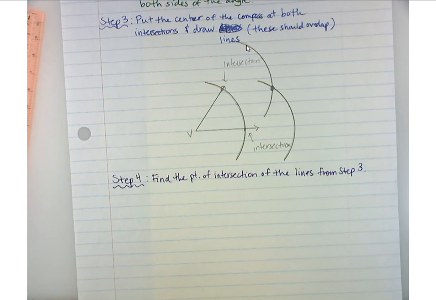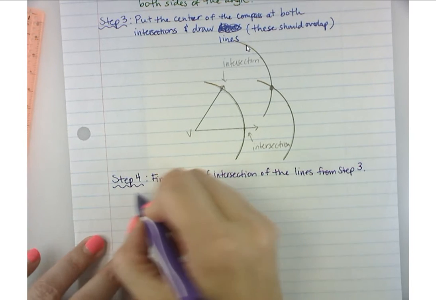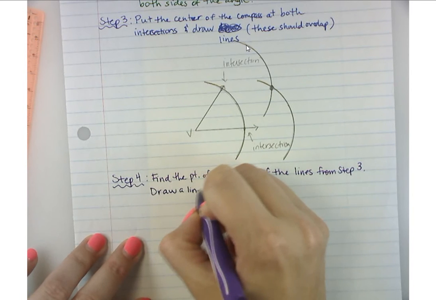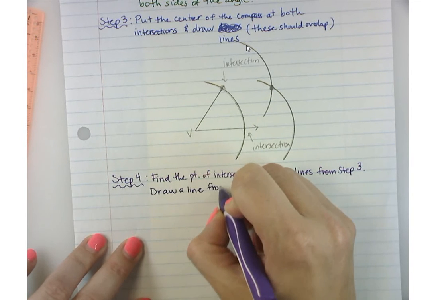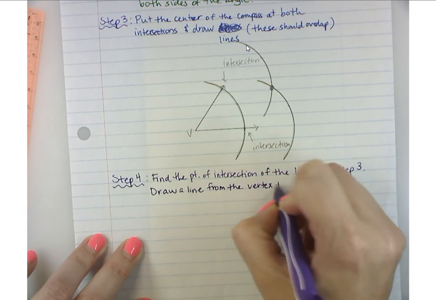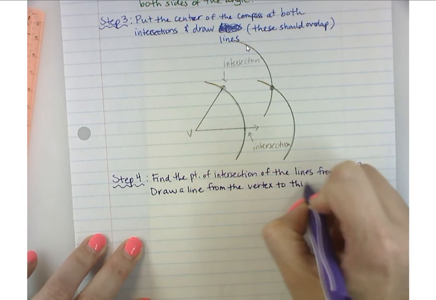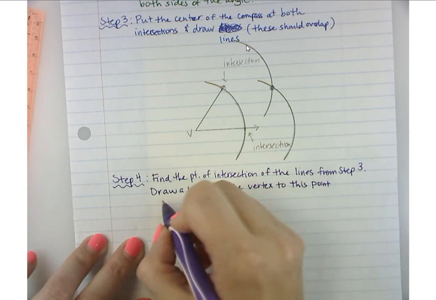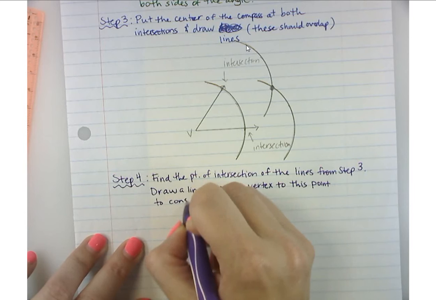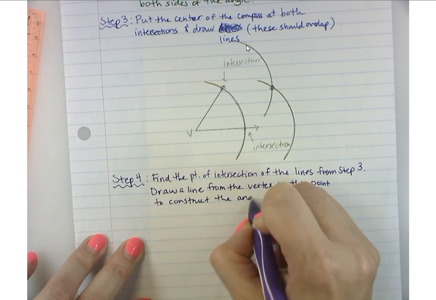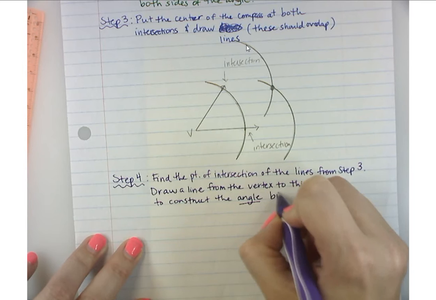Then what we're going to do is draw a line from the vertex to this point to construct the angle bisector, which is what we're doing.